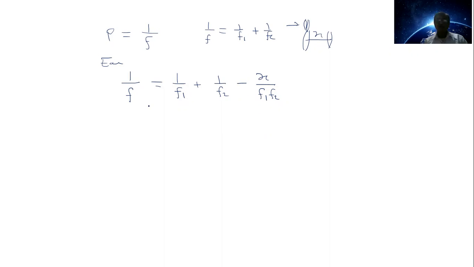Now in this case, find out the equivalent power. 1 upon F, that is P, is equal to 1 upon F1, P1, plus 1 upon F2, that is P2, minus X into 1 upon F1 into 1 upon F2. 1 upon F1 means P1, 1 upon F2 is P2.